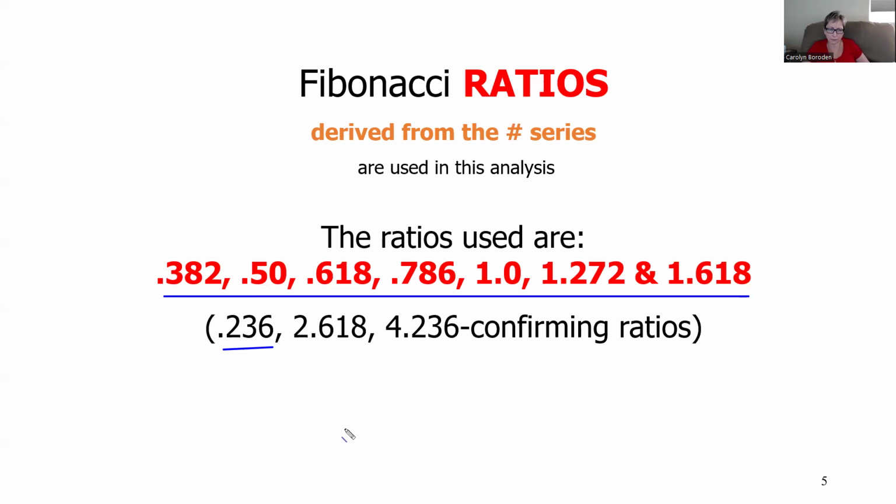Okay, not really when there's a smaller swing though. I also use 2.618. That is always my target number 3 for any of the trend setups. And then every once in a while, you get a runaway market, and I will run an extension that is a 4.236, and that tends to act as resistance also. I don't use it that often though.